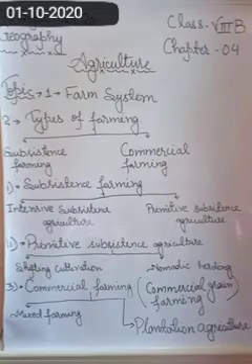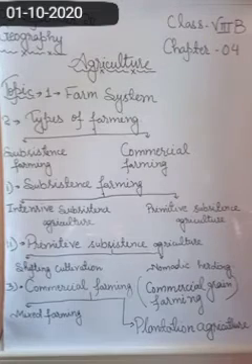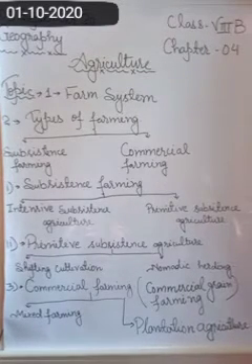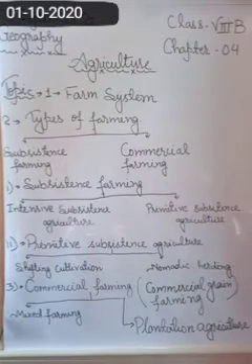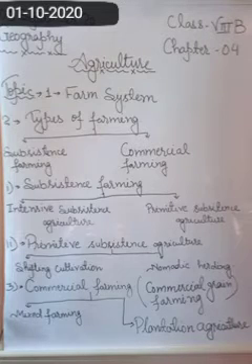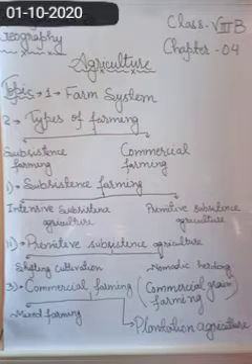Students, one important point you have to remember here is that intensive subsistence agriculture is mostly done by farmers in the thickly or very densely populated areas of the monsoon regions of South, Southeast and East Asia. All right.